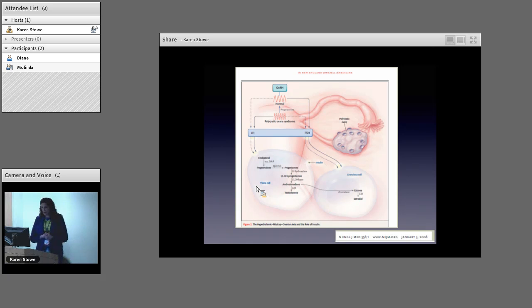This is just a figure to remind you what we do know about the pathophysiology of PCOS. One of the primary things that are going on to favor androgen production is that the gonadotropin-releasing hormone pulsatility is different in PCOS women.